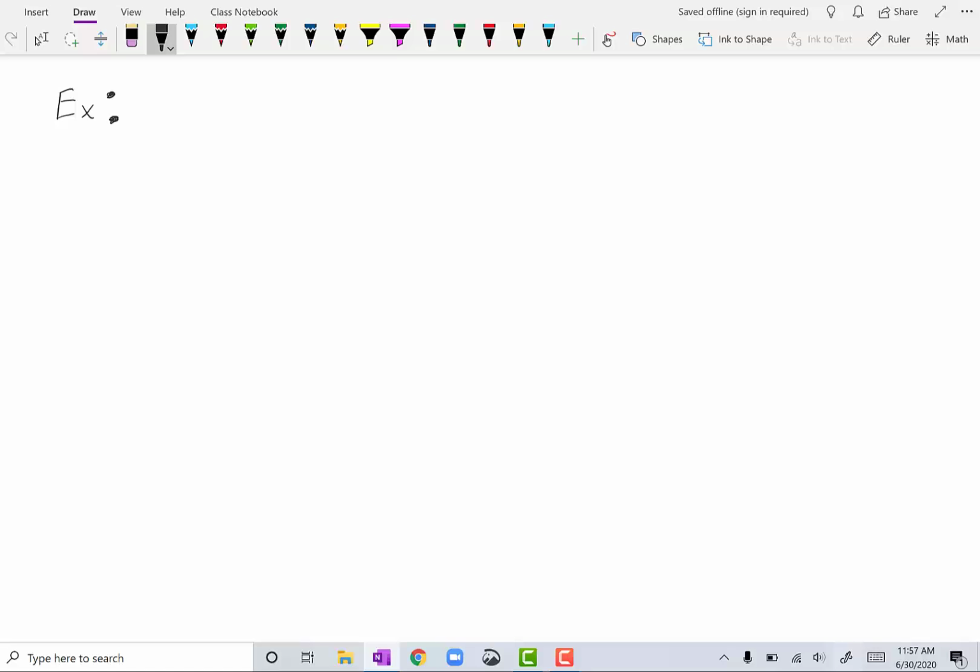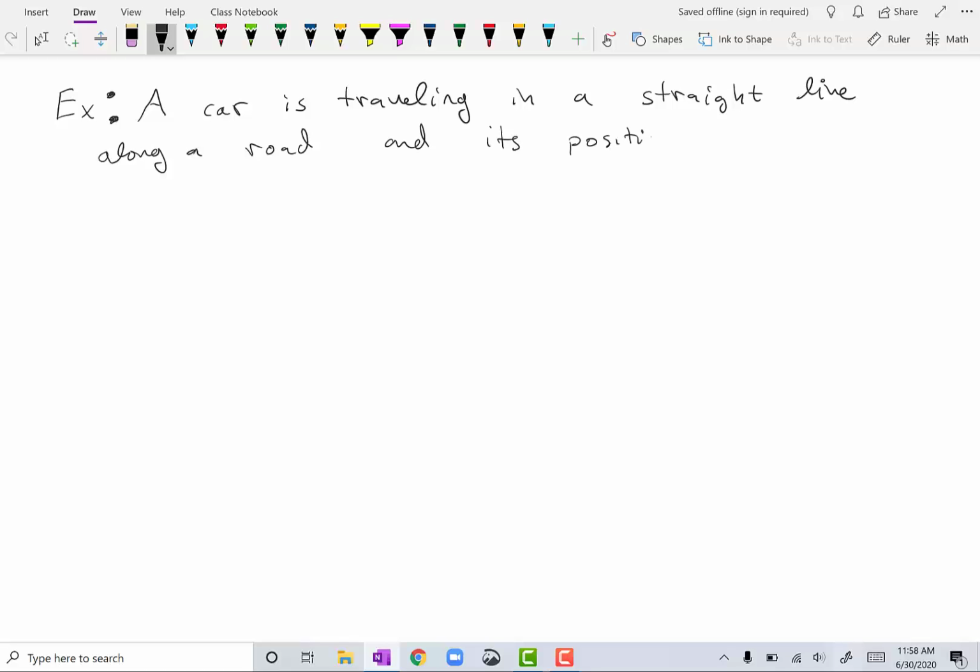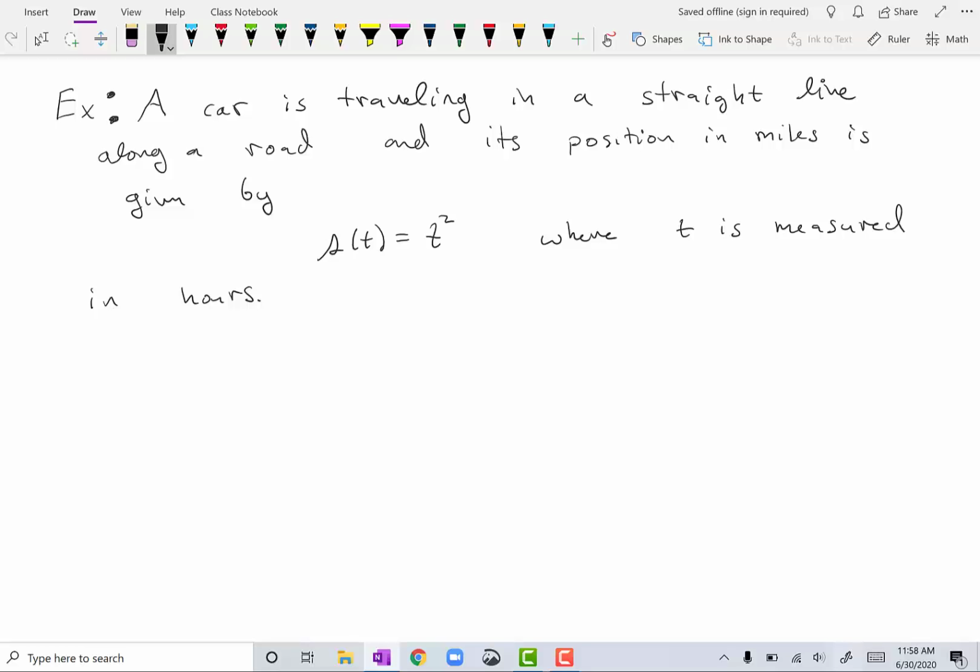So, suppose you have something similar to before. In this example, we have a car traveling in a straight line, just like before, and its position is given by, we're going to just keep it simple, s of t equals t squared.